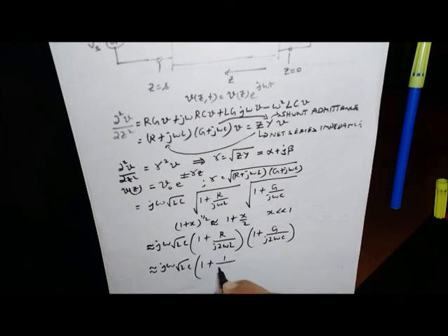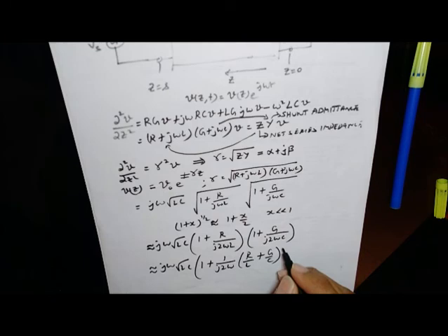So 1 by j 2 omega, R by L plus G by C. And now I can take this in and I will get 1 by 2, because the j omega and this j omega get cancelled. You get root LC by 2. When I take it in over here, root LC by 2 into R by L plus G by C.